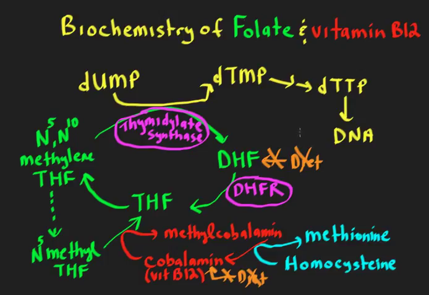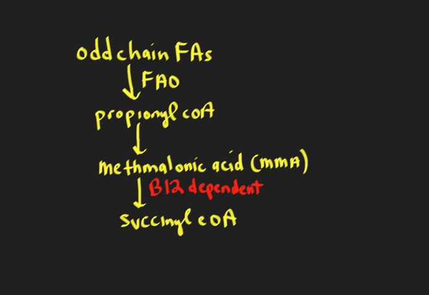Now, the problem with that is that B12 isn't just involved in DNA synthesis. It turns out that it has some other functions. One of the other things it does is that it's involved in odd chain fatty acid oxidation and metabolism.